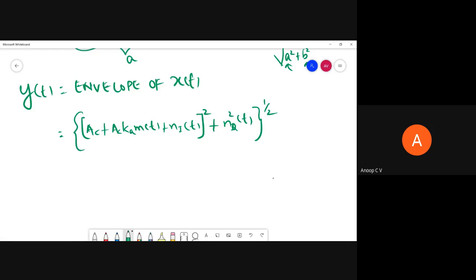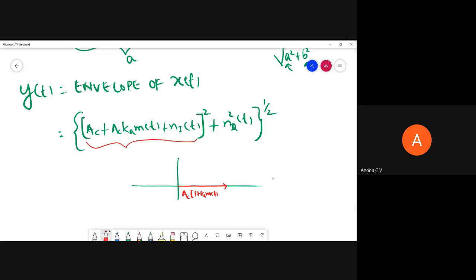So suppose this is my complex plane. In-phase component is this much, Ac into 1 plus k_a m of t, so say this is this much.